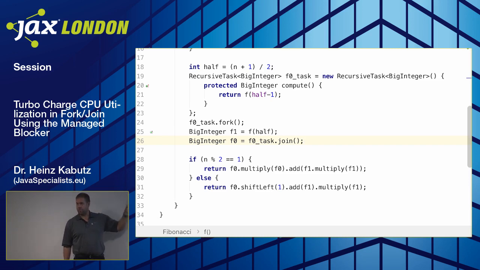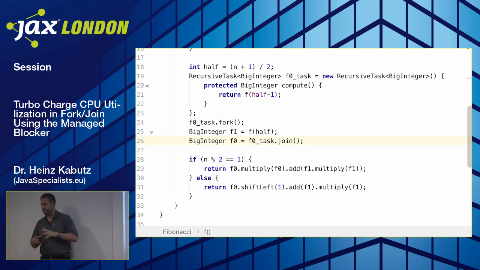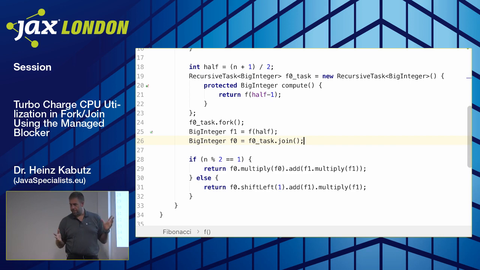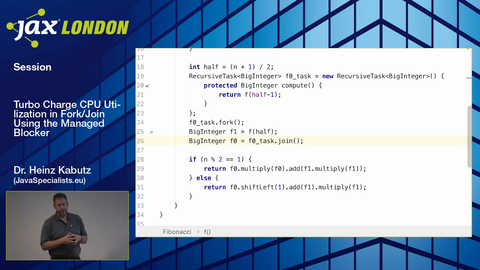A variation that you could use here, which actually wouldn't be a bad idea, is to only fork if the number is bigger than a certain size. So we only fork up to a certain level. Now, if you take, for example, a parallel stream in Java 8, a parallel stream will fork up until 4 times the number of hardware threads by default on your system.